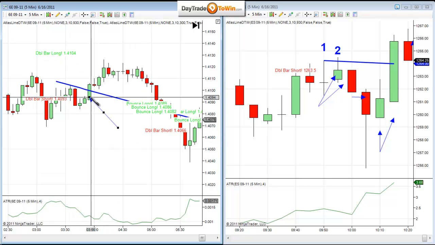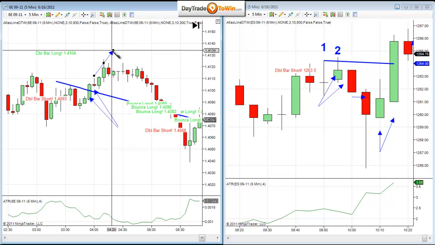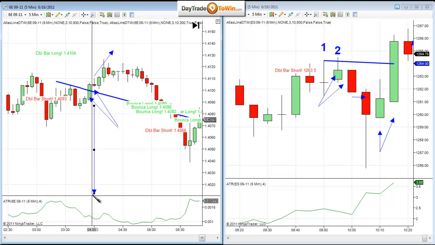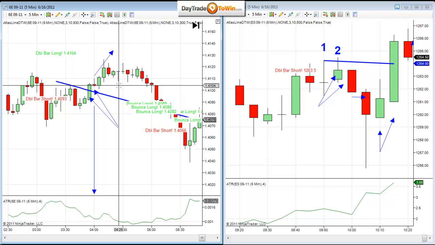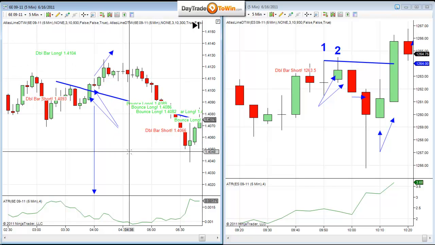We have here 1, 2 to go long, and so you're long. Your profit target is your 11 ticks, ATR. 4104 plus 11 is 4106. It went up to 4127, and so definitely 11 ticks was made there.